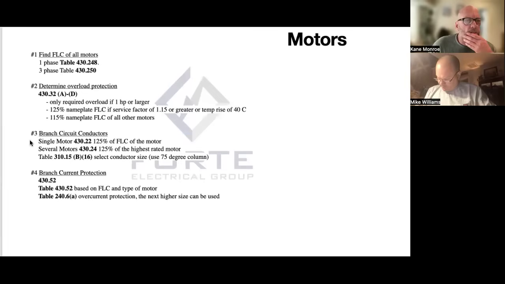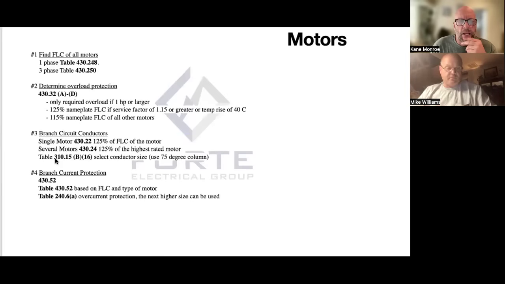So step number 3 is 430.22 for the single motor at 125% of the FLC, 430.24.